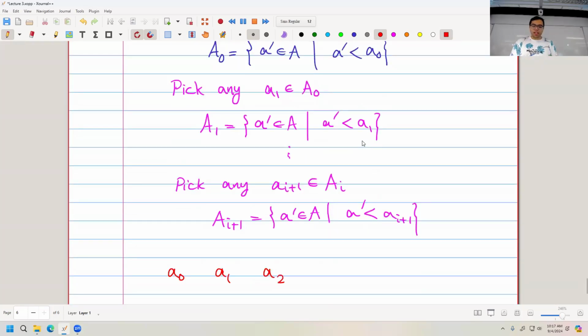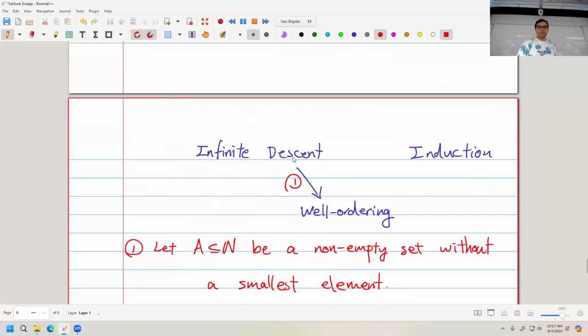And then similarly, A2 is smaller than A1, and so on. So it goes forever. And this is a contradiction, because I'm assuming I cannot have infinite descent. So assuming infinite descent, I could prove well-ordering.